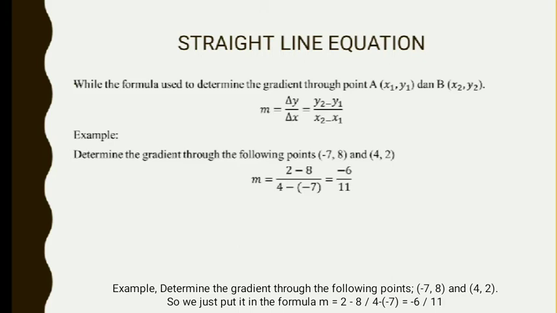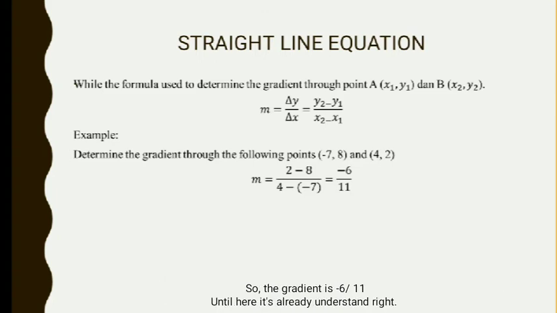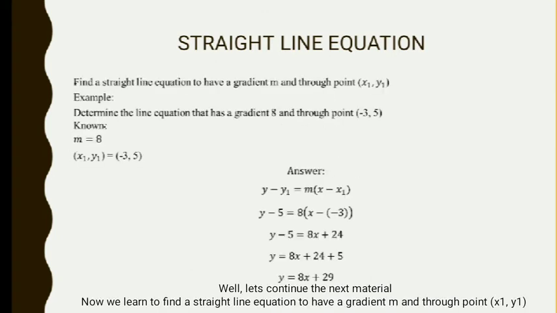We just put it in the formula: m equals 2 minus 8 over 4 minus 7 equals minus 6 over 11. So the gradient is minus 6 over 11. Up to here, it's already understood, right? Well, let's continue to the next material.